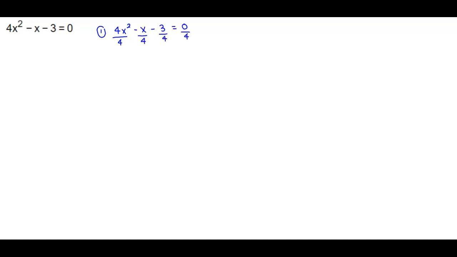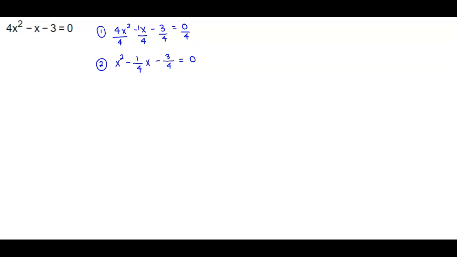So when we divide everything by 4, we get 4 divided by 4, which leaves us with 1x squared, minus, now keep in mind there's a 1 in front of that, so that becomes minus 1/4 x. Then that becomes minus 3/4, and that's equal to 0 divided by 4, which is 0.